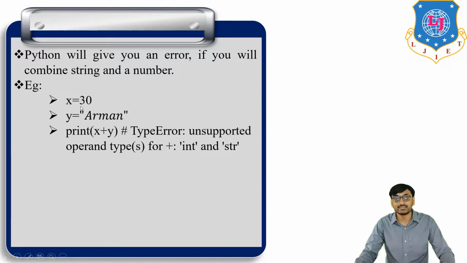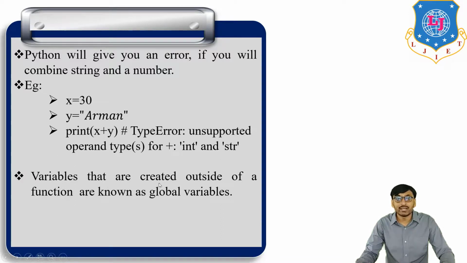For example, x is equal to 30, that is one type of number, and y is equal to Arman, that is one type of string. If we add this integer value and string, then there is a type error, because one value is in the form of integer and one value is in the form of string.